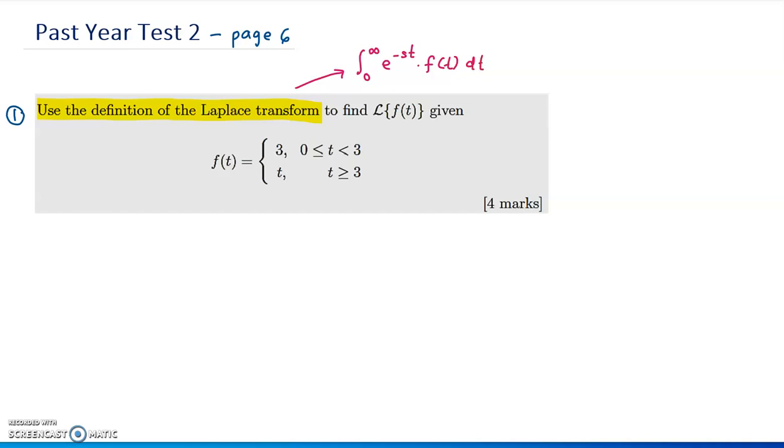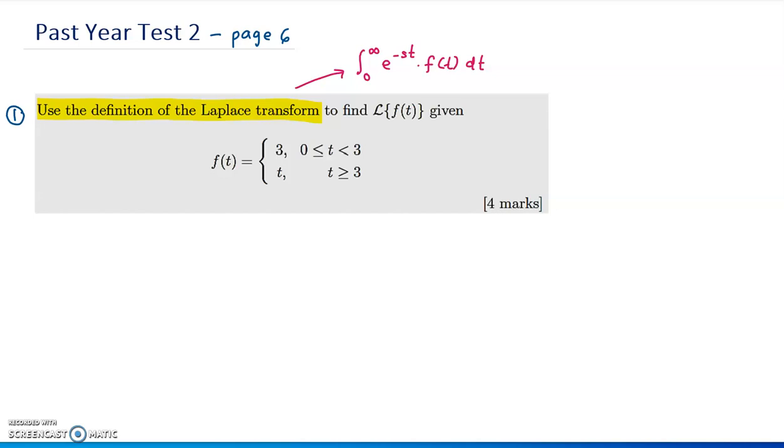Because later on you will see in the later subtopic that this kind of problem can be solved by using a different technique. So read carefully in the questions. If it is specifically asked for the definition, then you need to solve the problem by using the integral.